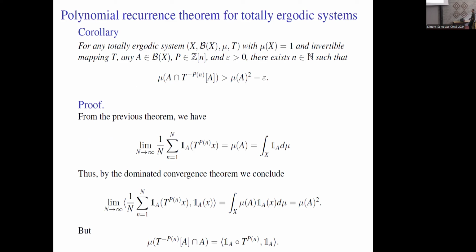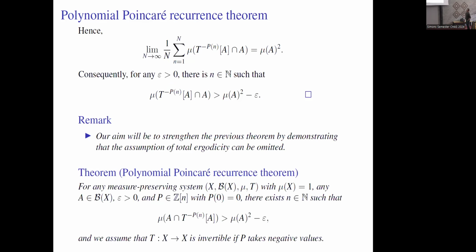And now, if we want to use this to derive combinatorial applications, for instance, the Furstenberg-Sárközy theorem, which says that if we have a subset of integers with positive upper density, then it contains two integers whose difference is, for instance, a perfect square. Then we would like to have this, but for all measure preserving systems. And so that's an important thing.